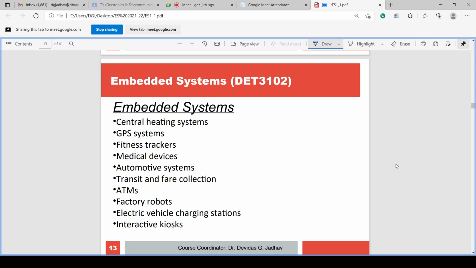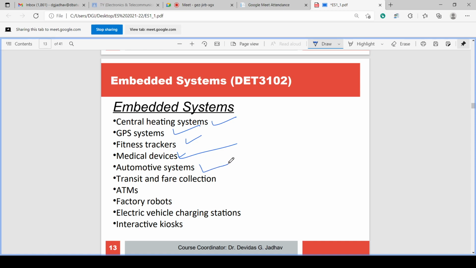And some body parameters like blood pressure and sugar can be tracked by the fitness trackers. Then there are medical devices. Central heating, GPS, fitness tracker, and medical devices. Many medical devices require embedded systems.